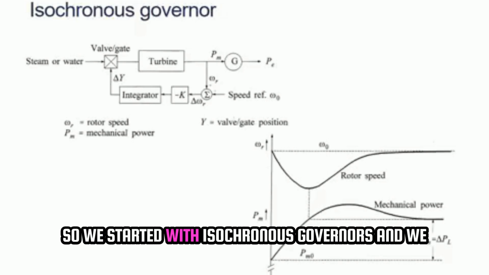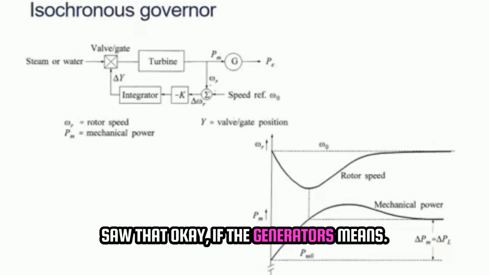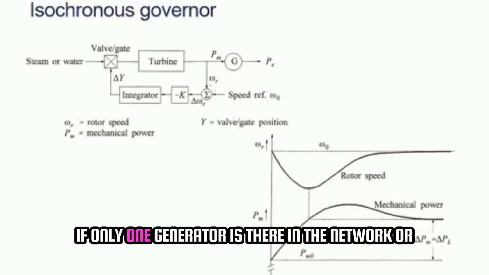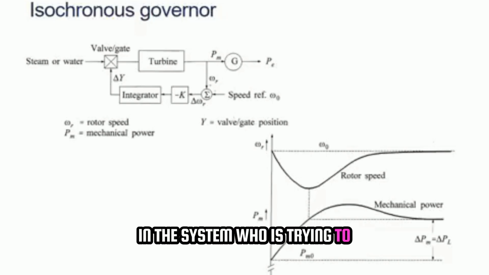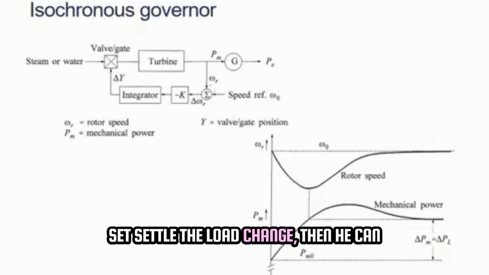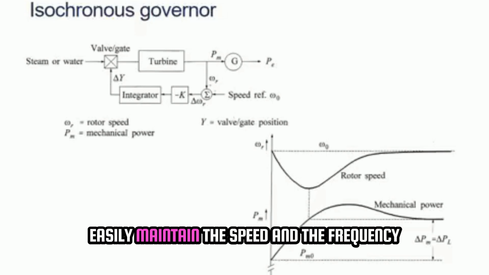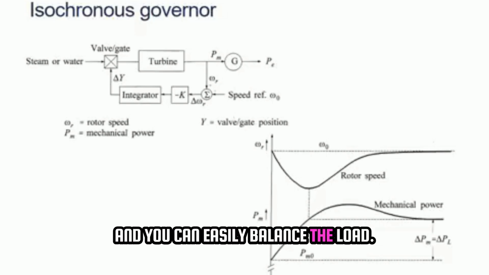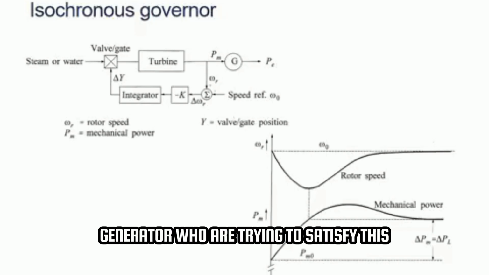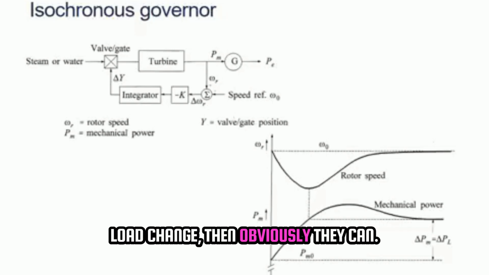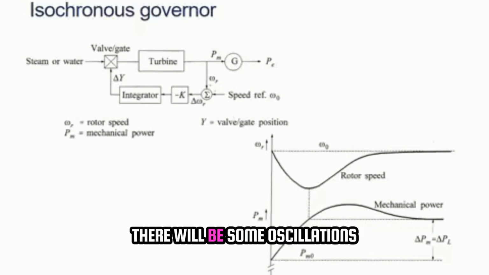So, we started with isochronous governors, and we saw that if only one generator is there in the system trying to settle the load change, then it can easily maintain the speed and the frequency, and it can easily balance the load. But if there is more than one generator trying to satisfy this load change, then obviously there will be some oscillations.